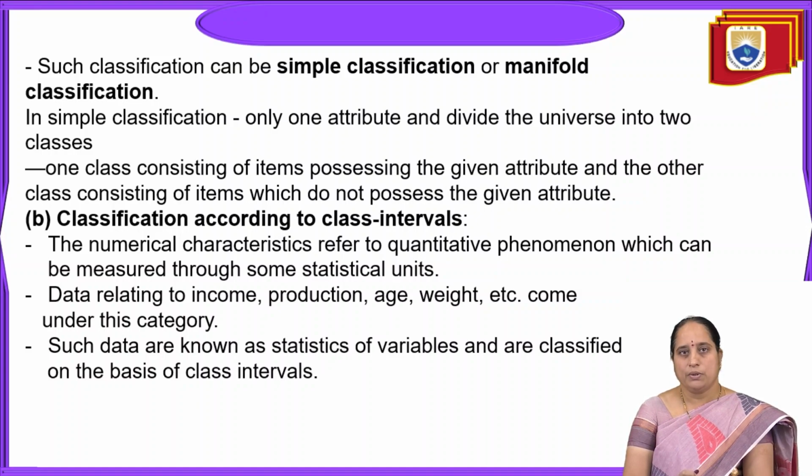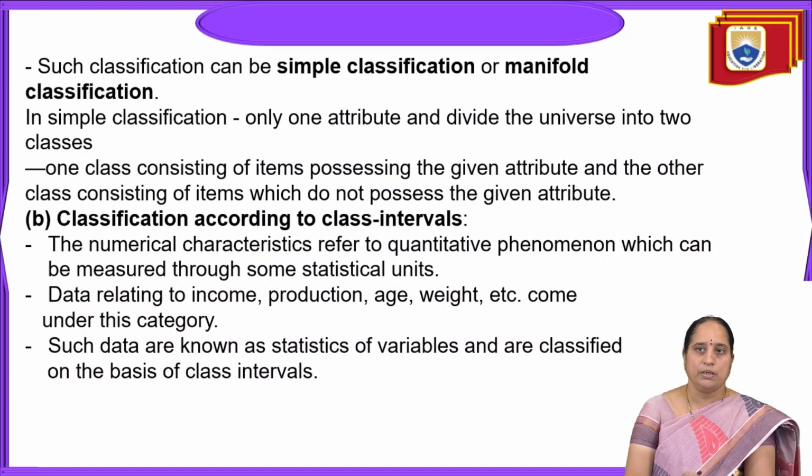In simple classification, we consider only one single attribute and divide the universe or the population into two classes: one class consisting of items possessing the given attribute and the other class consisting of items which do not possess it.